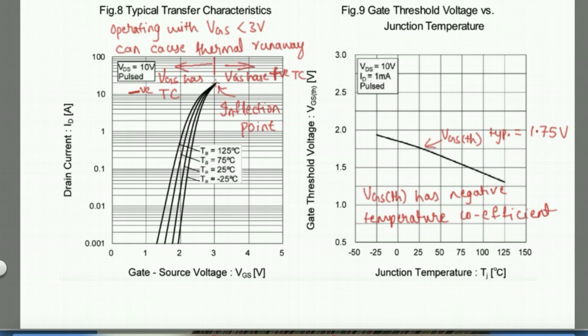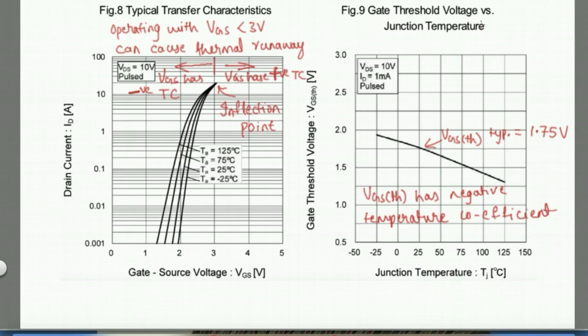So this point, when the gate source voltage is 3 volt, at which point the temperature coefficient is 0, is called the inflection point. Operating with VGS of less than 3 volt for a power MOSFET can cause thermal runaway because of the negative temperature coefficient of the gate source voltage below 3 volt.